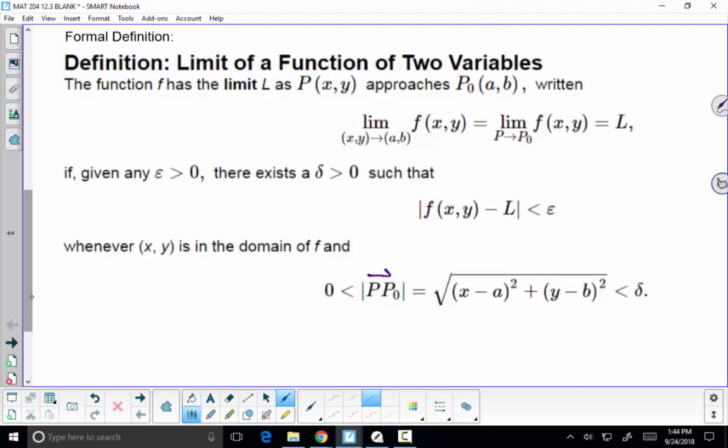Okay, so let's look at this limit here. This just says that if the z values get arbitrarily close, if they get ridiculously close, there has to be a ridiculously small disk that contains the distance to the point that we're trying to find the limit at, p sub 0.